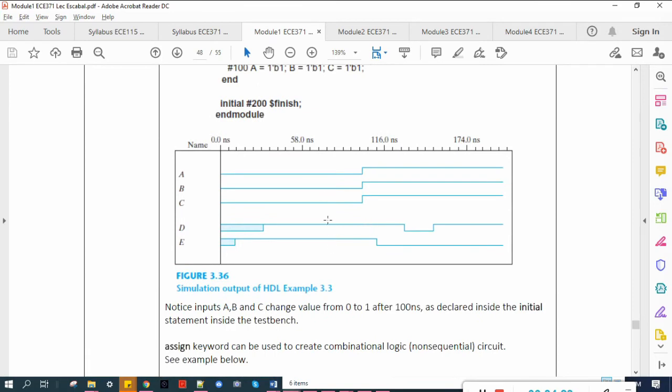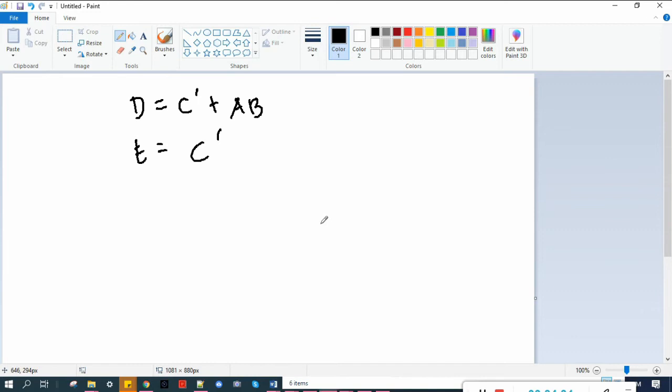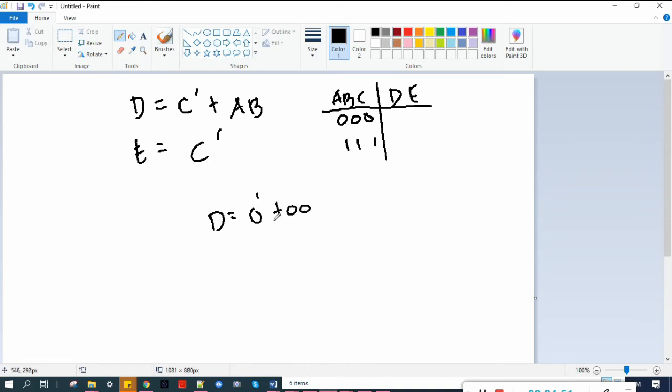Let's go here. When A, B, and C are all 0, let's write the truth table, what will happen to D if this is 0? So D is 1. Then E, C prime, 1 also.